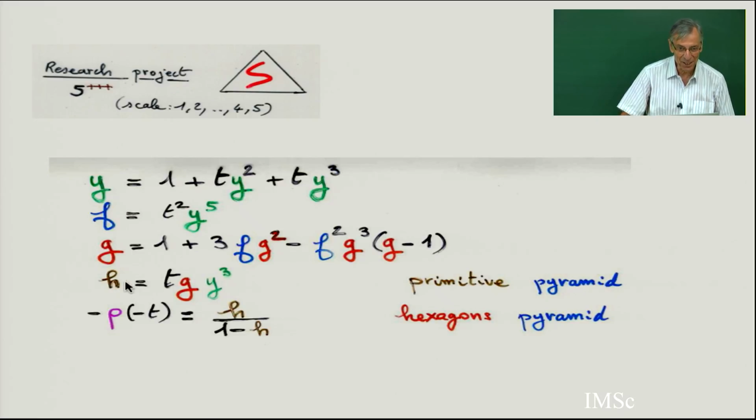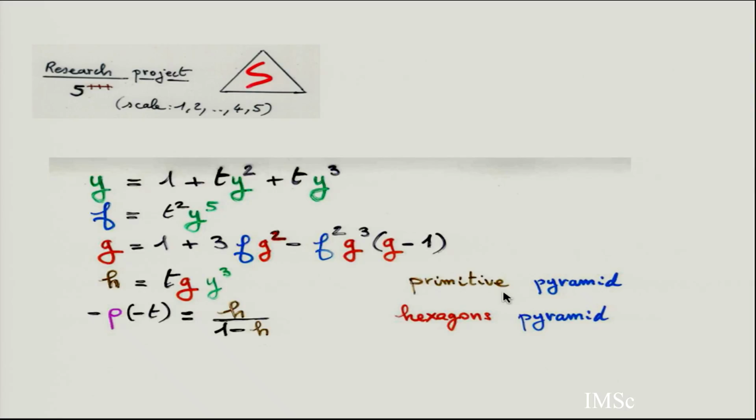So now you put h equals t g y cubed. And I claim that the generating function of pyramids is h over 1 minus h. So h is the primitive pyramid. Primitive means that below the maximal hexagon there is only one hexagon. If there is the maximal piece, that's all. So h is the primitive pyramid of hexagons. Any pyramid of hexagons is a sequence of primitive pyramids.